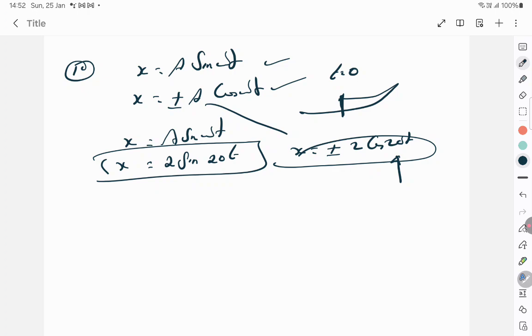Now what is the next question? At t equal to 0 when the mass is at the maximum compressed position.